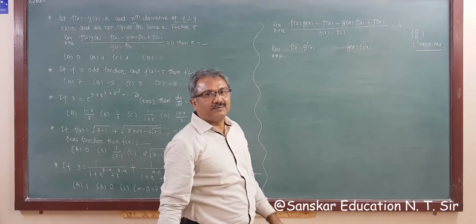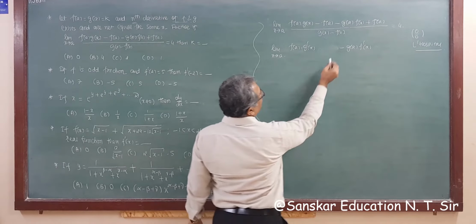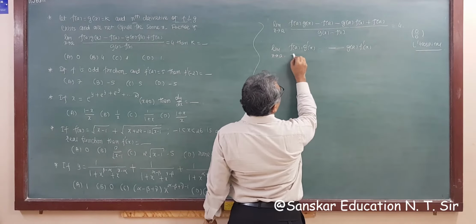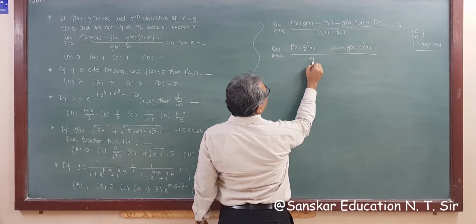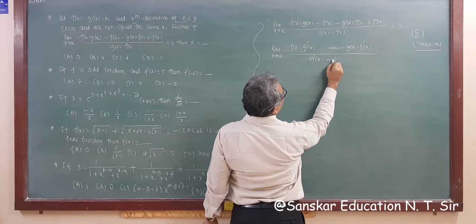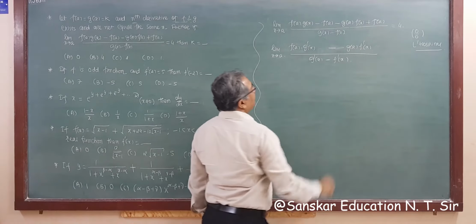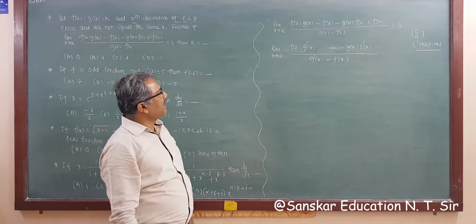We are making a mistake here, so this is whole upon the derivative of the denominator: g'(x) minus f'(x), right?